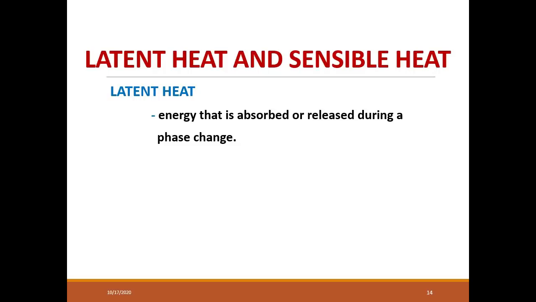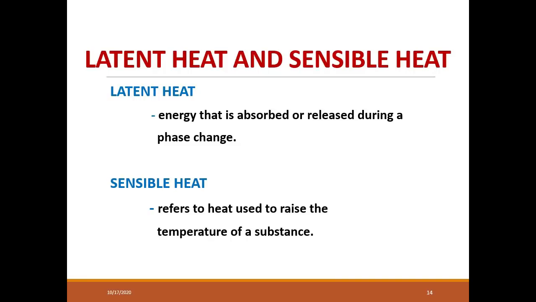This means the heat energy is used in breaking the bonds between molecules during a phase change, but not to heat up the substance. Example, as water freezes, it occurs at a constant temperature of 0 degrees Celsius as latent heat energy is released, and the water goes from a liquid to solid ice.